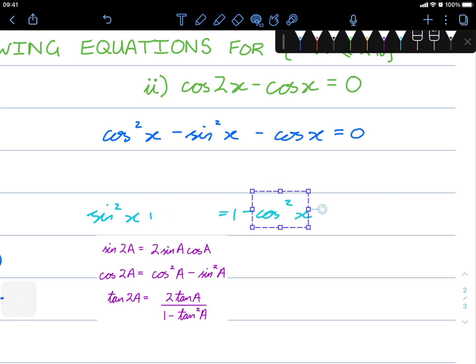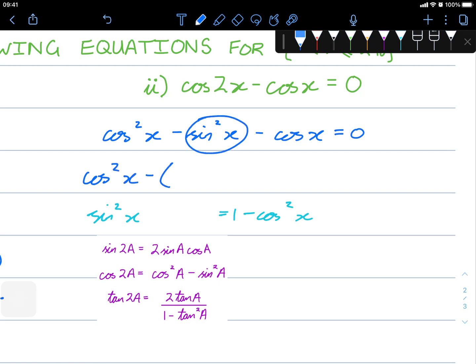Moving this to the other side, we get negative cosine squared. So this becomes cos squared x minus sine squared, which is this identity here, so 1 minus cos squared x minus cos x is equal to 0.